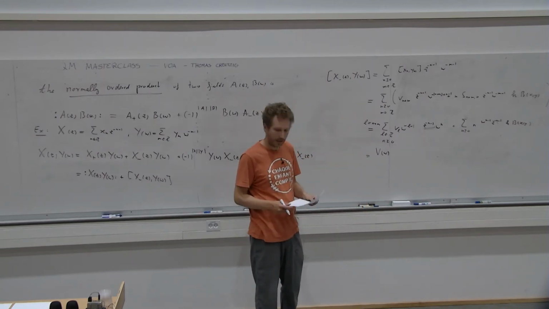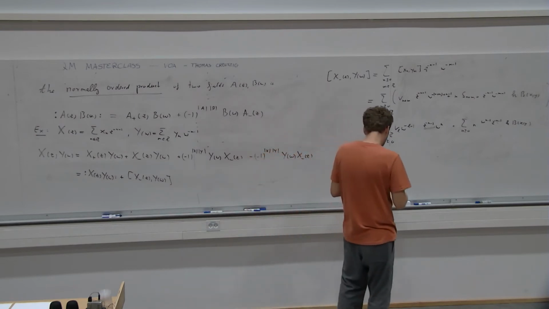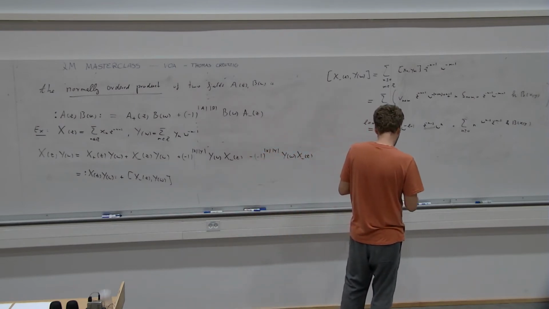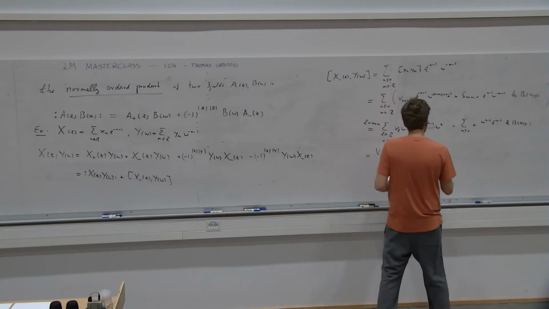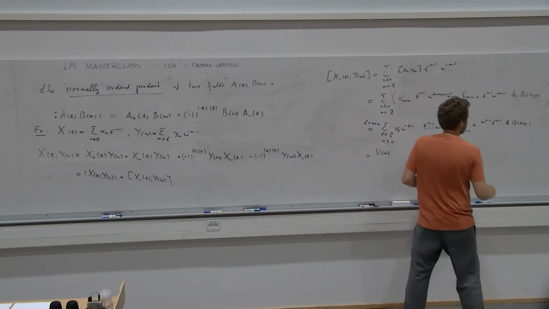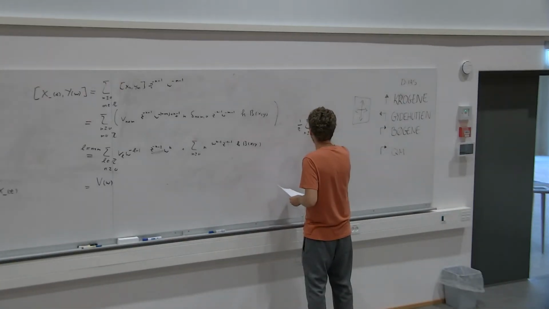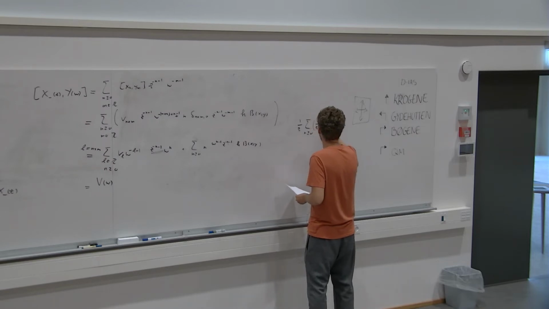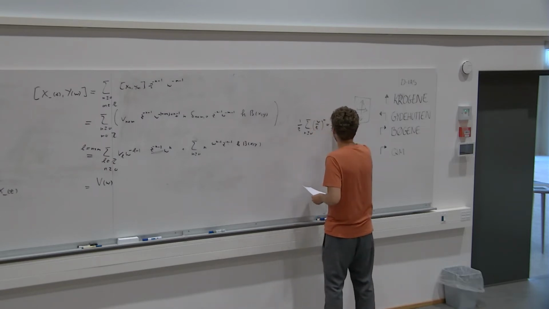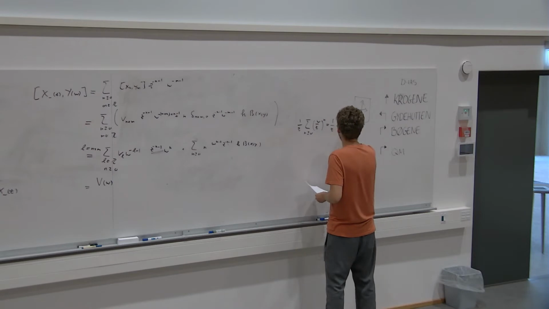So that's very nice. We have here 1 over z, and this is the same as 1 over z times 1 over 1 minus w over z.